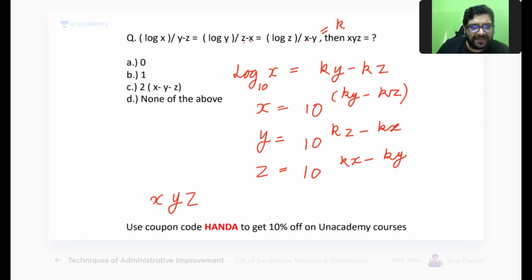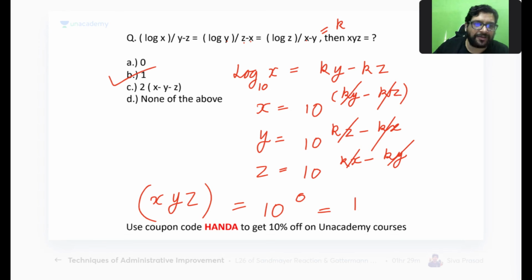Which means if you multiply x into y into z, what will be the power of 10? ky and ky will cancel, kx and kx will cancel, kz and kz will cancel. You'll have 10 to the power 0, which is 1. A lot of you got this right. Good job.